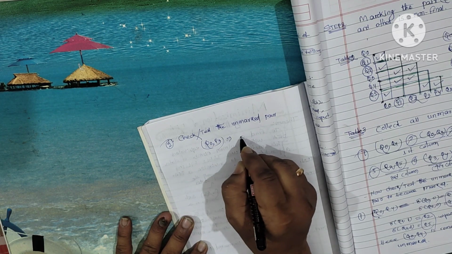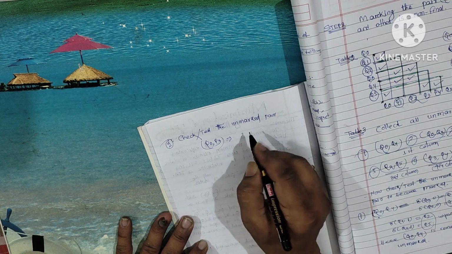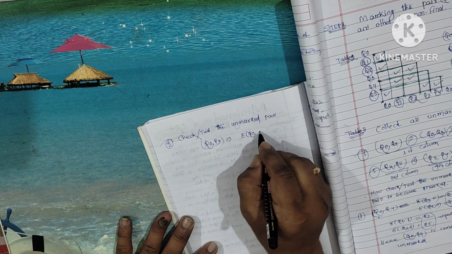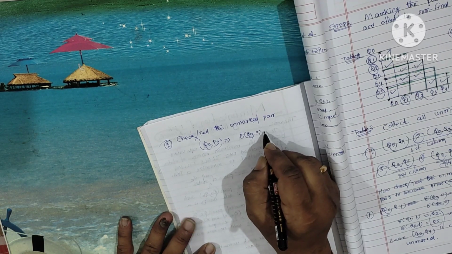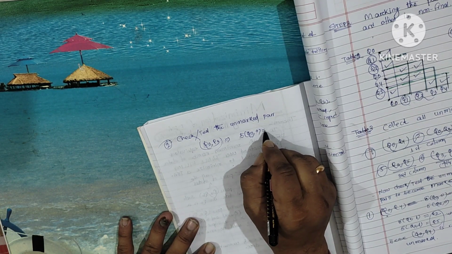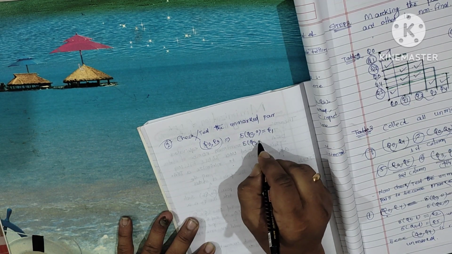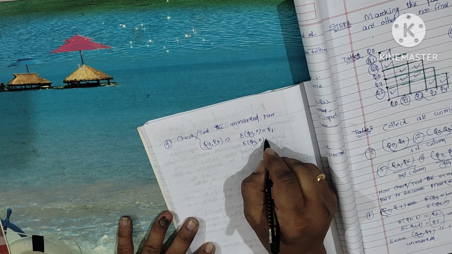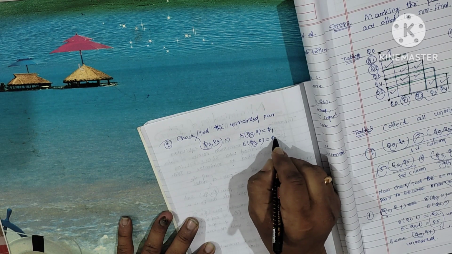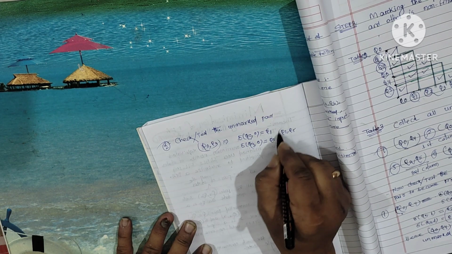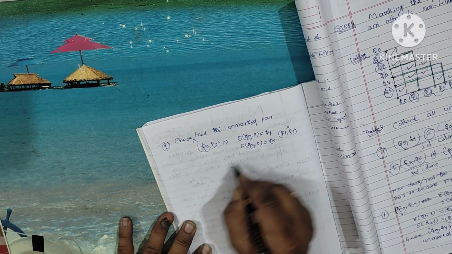So you will see that Q0 on 0 goes to Q1, Q3 on 0 goes to Q5. Q1, Q5 is unmarked.